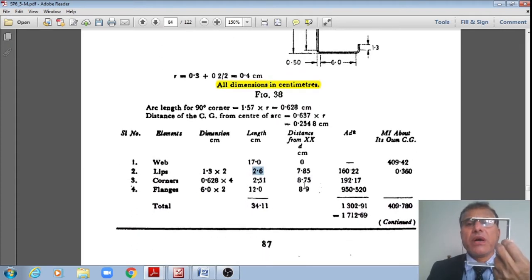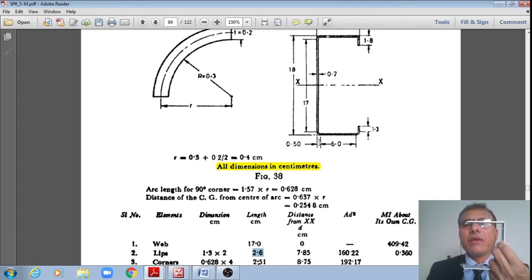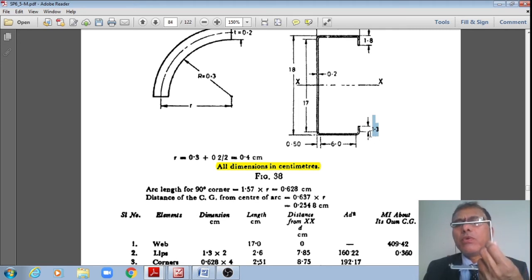Now 2.6. However, the distance from the centroidal x-axis is equal to 9 minus 0.2 minus 1.3 by 2.